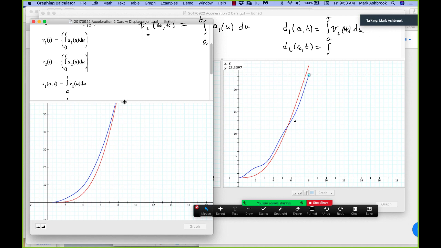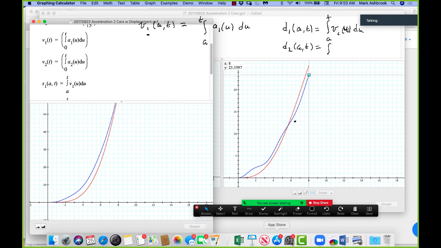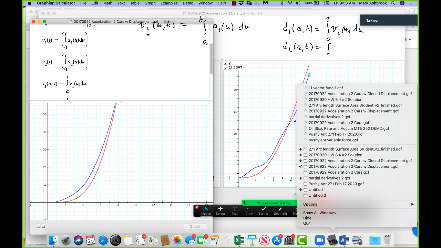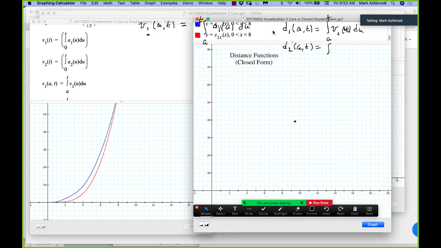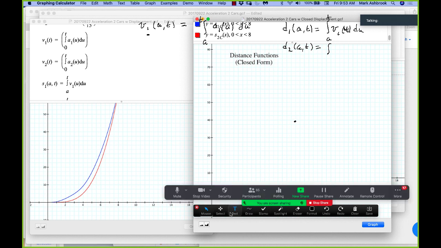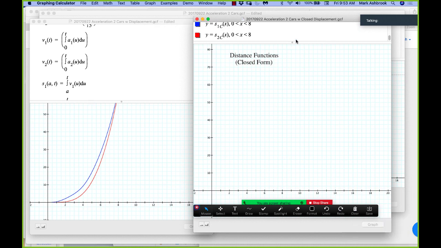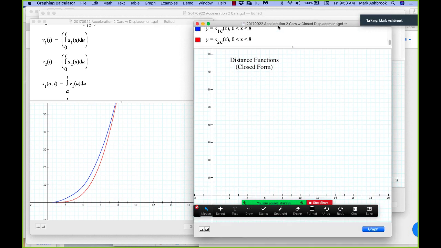So I'm going to keep you in suspense, and I want to show you I have another function here, or another GC file. And with this GC file, I have found the closed forms of the distance functions.